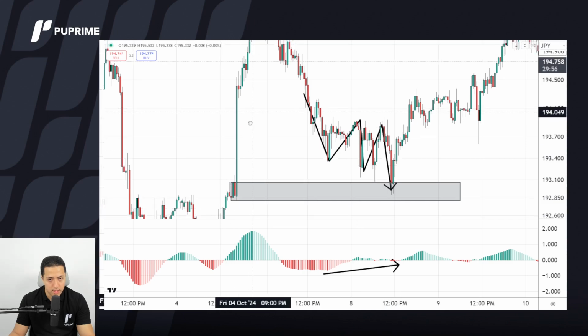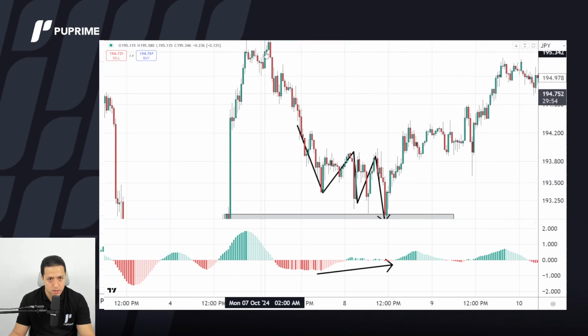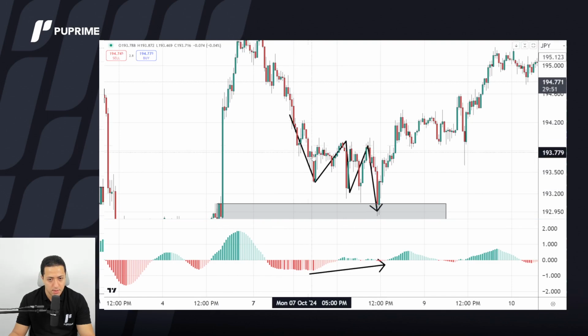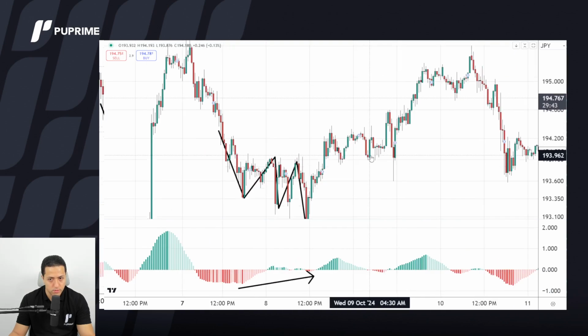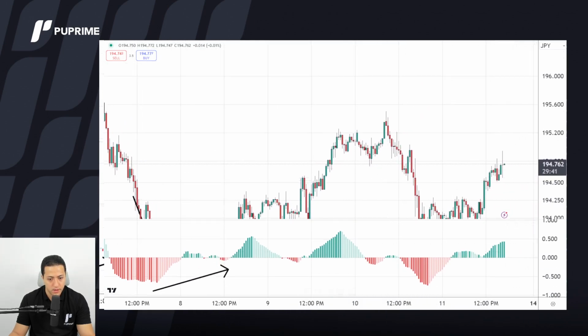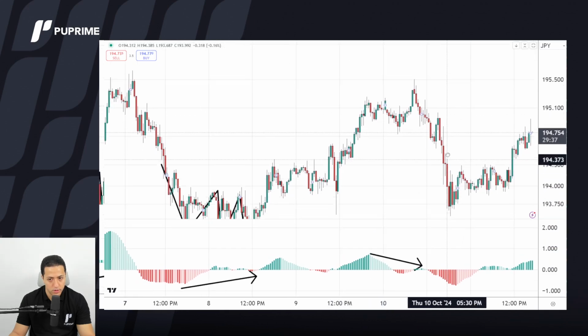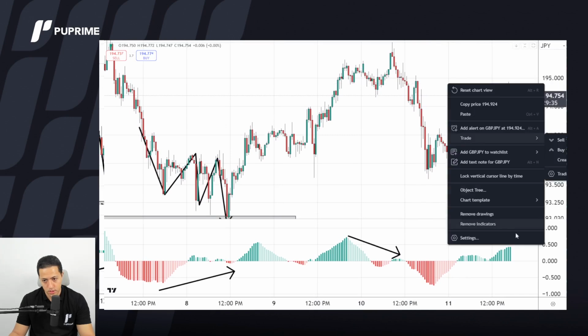See this powerful candle? It's a powerful demand. When we came back and approached the demand, momentum said, I have a bullish divergence. Boom, went back higher. Boom, again, bearish divergence before moving lower, and so on and so forth.